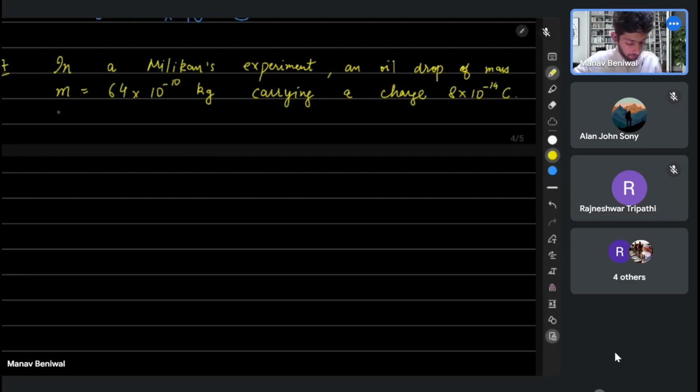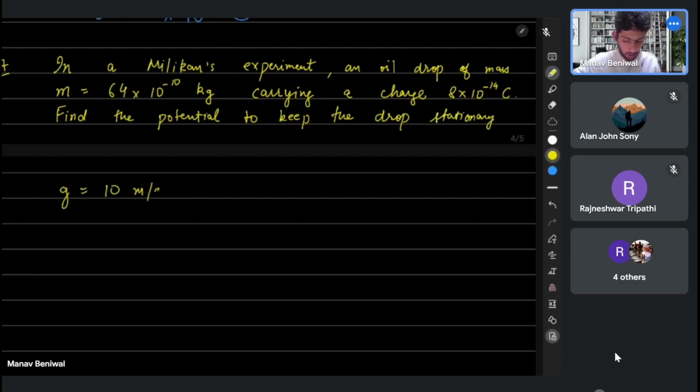Now what you have to do is find the potential to keep the drop stationary. And you are given that g is 10 meters per second squared, and d, which is the separation of capacitor plates, is given to be 2 centimeters.